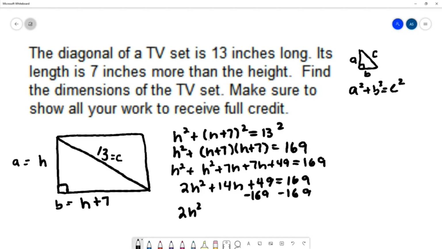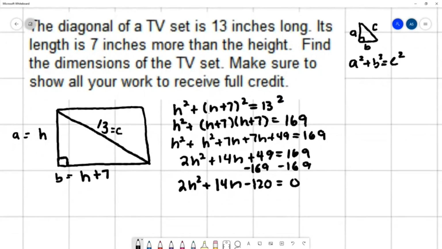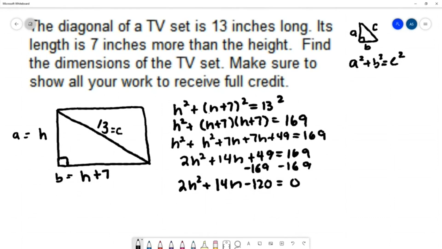That's 2h squared plus 14h, and I need to know what 49 minus 169 is. That's a negative 120. So minus 120 equals 0. I want to solve this quadratic equation.